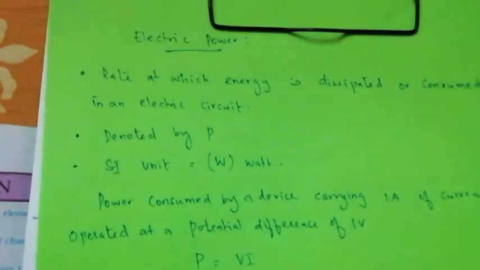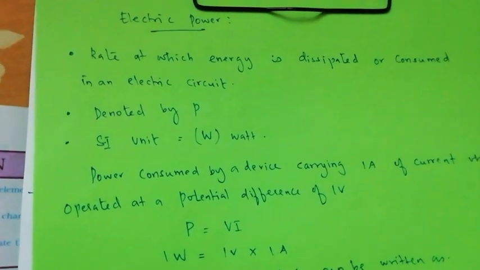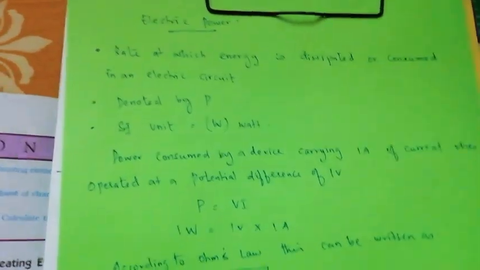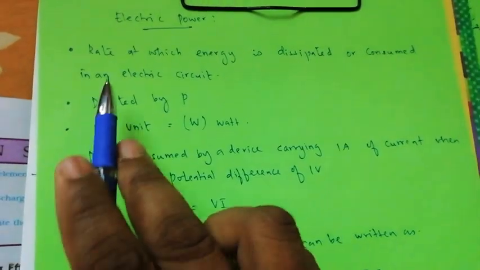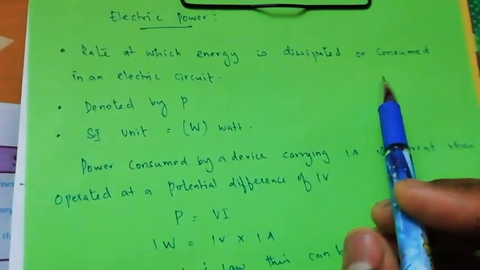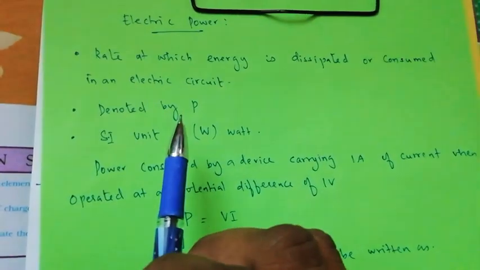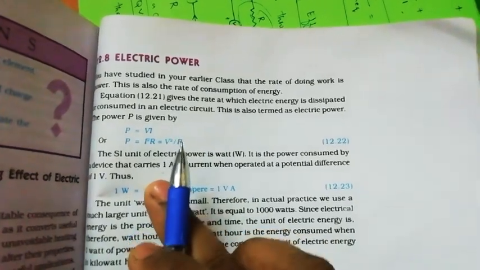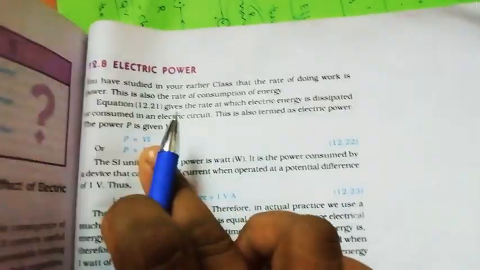And this is our last topic, electric power. What is electric power? Electric power is the rate at which energy is dissipated or consumed in an electric circuit. You can look at this in your book.